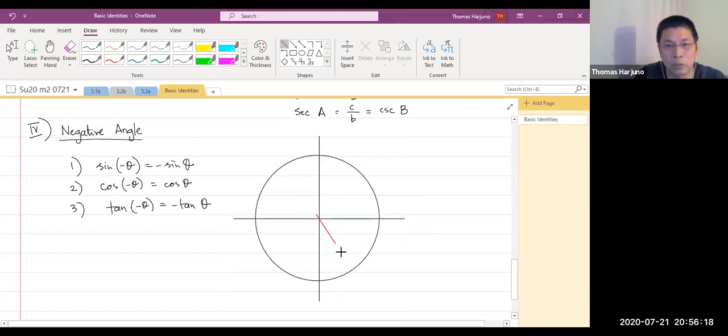Let me do it this way. This is, let's call this angle negative theta. Now that angle negative theta is the same reference angle as theta, right? Remember that? It's the same reference angle as theta.